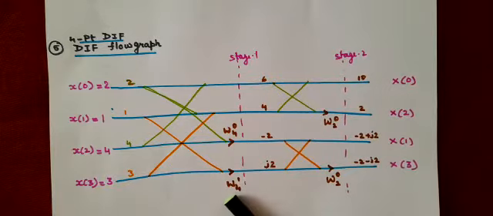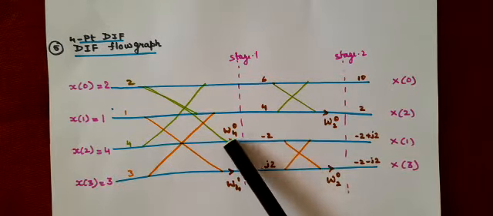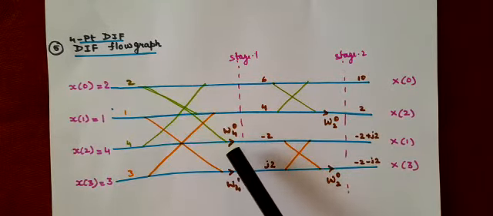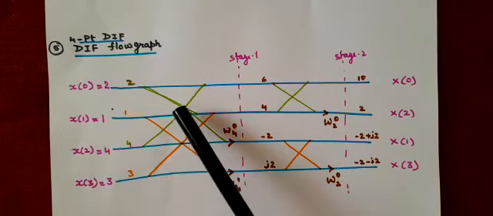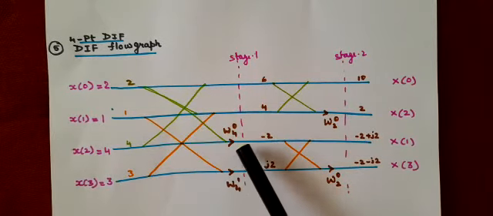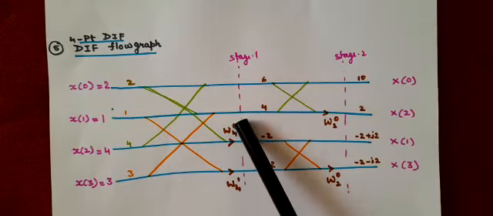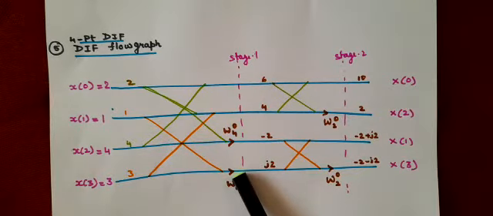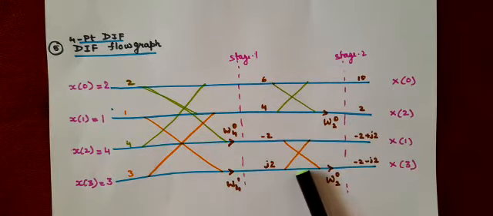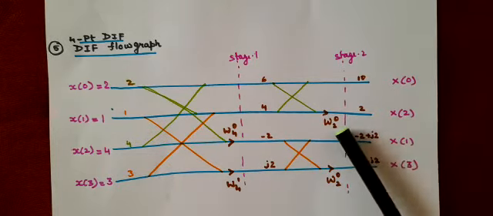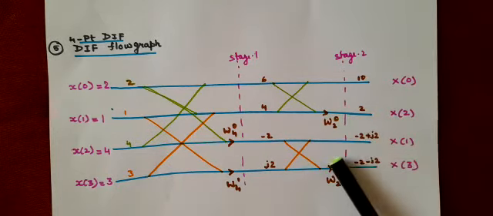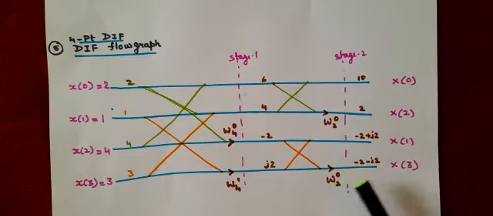In DIF, the twiddle factor is placed at the end of each butterfly. In the first stage, we have one set of butterflies with the twiddle factors W4 to the power 0, W4 to the power 1. In the second stage, we have two sets of butterflies with the twiddle factors W2 to the power 0, W2 to the power 0. This is how we draw the DIF flow graph, which you have understood in the previous classes.